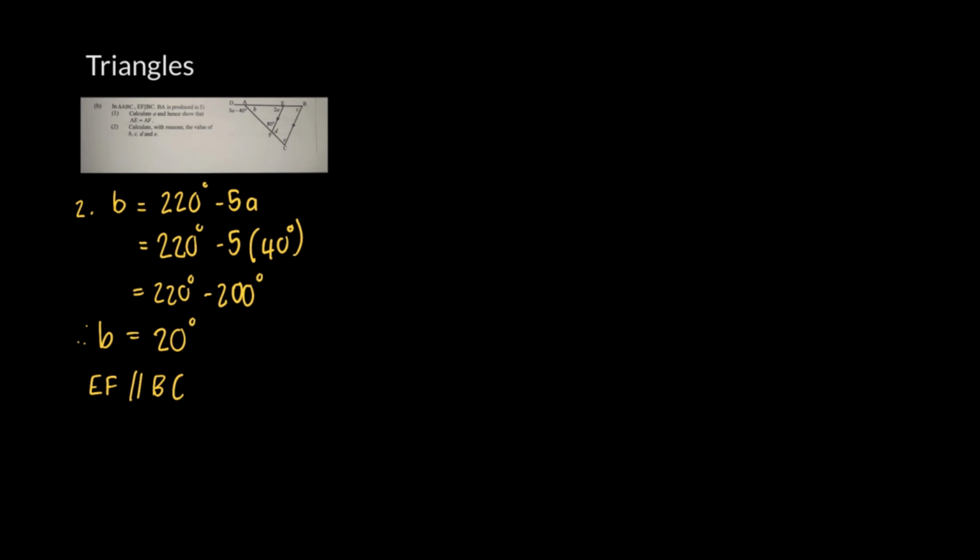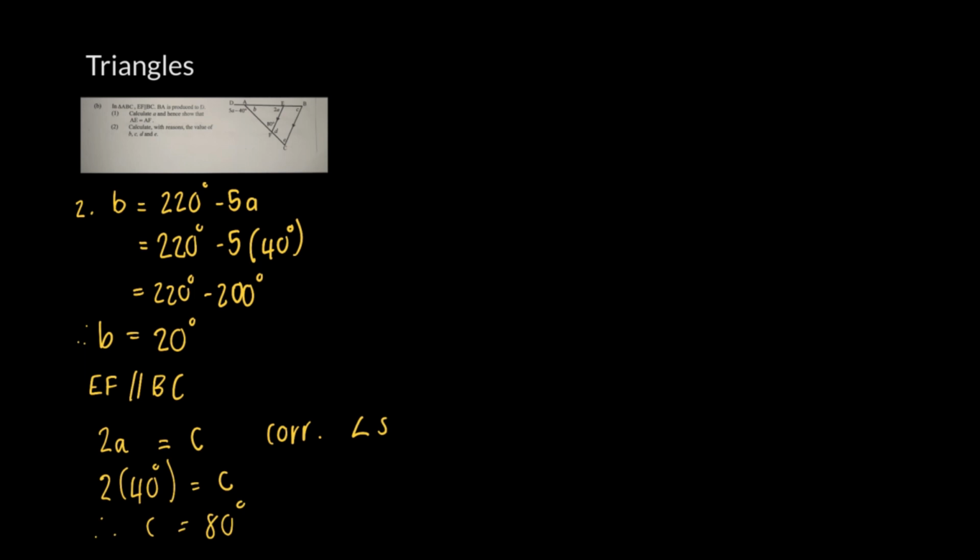So in this case, because AB is a straight line, we know that 2A is going to equal C. The reason for that is because they are corresponding angles. Therefore, we know that 2A is going to be 2 multiplied by 40 degrees, which is equal to C. Therefore, C is equal to 80 degrees. And that's how we solve for C.